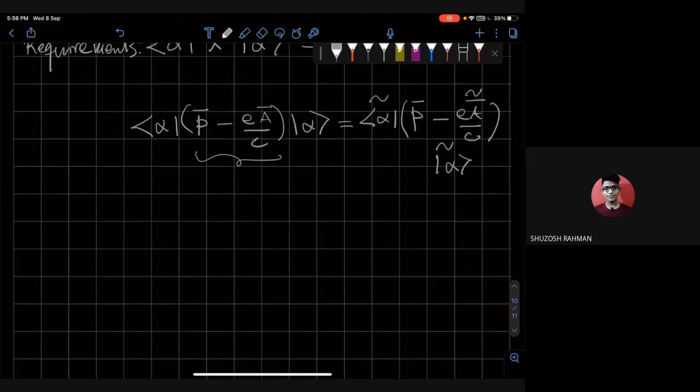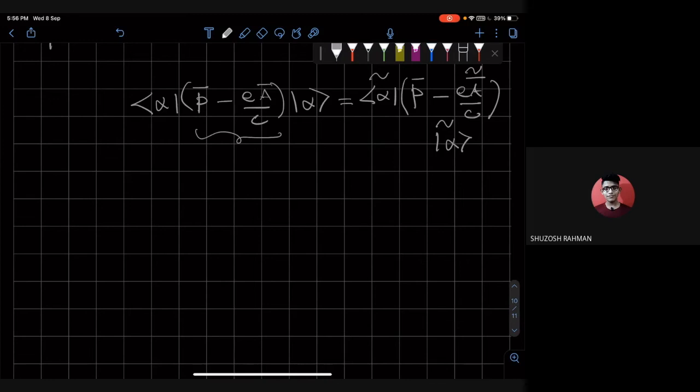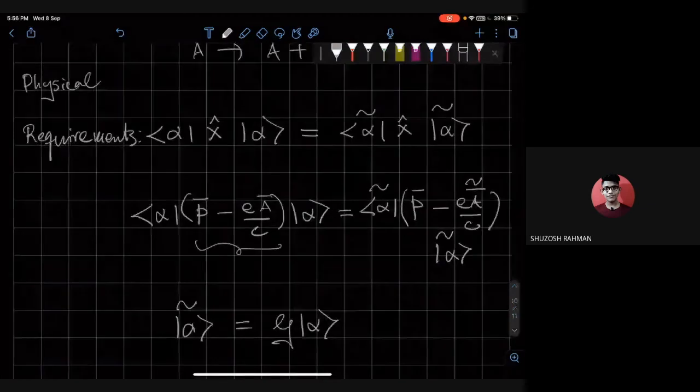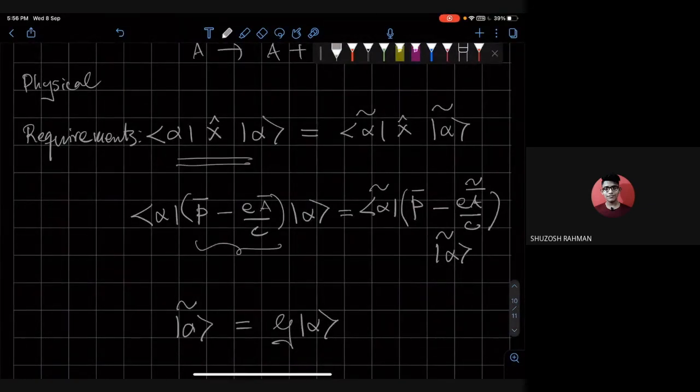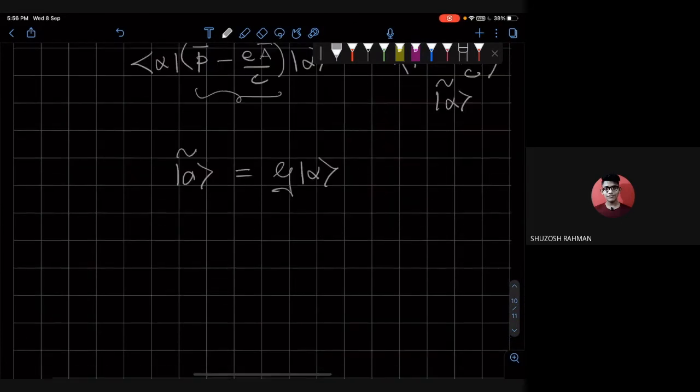So what we are saying is that under a gauge transformation, the state changes by some linear transformation, which we are calling G. So alpha goes to alpha tilde equals G alpha. Now, this requirement tells us that if I start with the right-hand side, alpha tilde x hat alpha tilde, this is going to be G alpha x hat G dagger alpha.